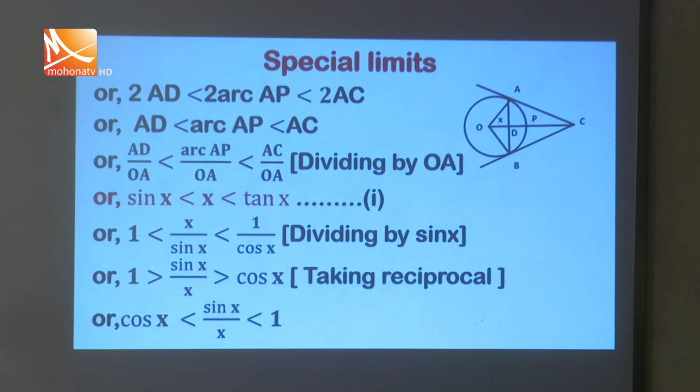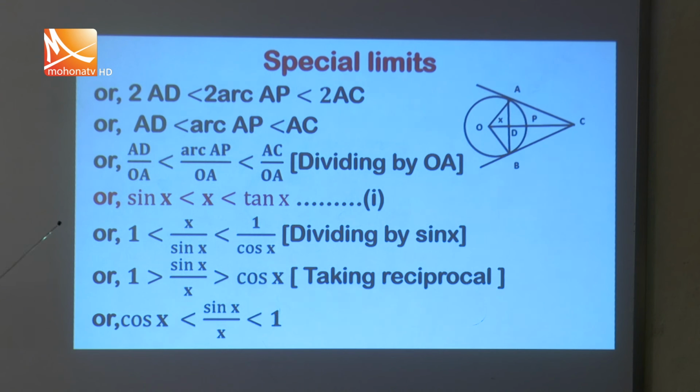Now, if we divide both sides by sin x, then what will we get? We will get 1 less than x by sin x less than 1 by cos x. If we take the reciprocal, then less than becomes greater than. Reciprocal means the numerator becomes the denominator and the denominator becomes the numerator. So it will be 1 greater than sin x by x, greater than cos x by 1, that is cos x.